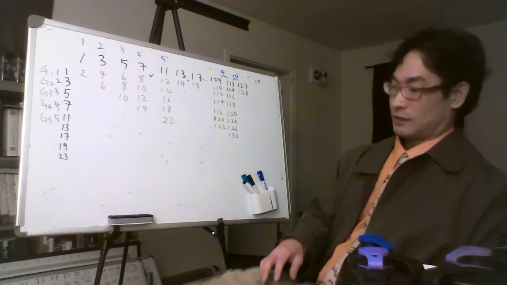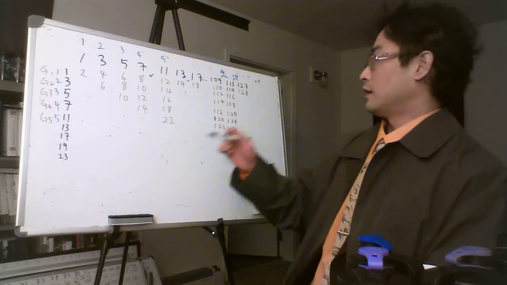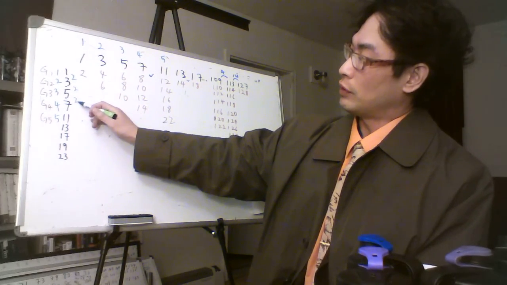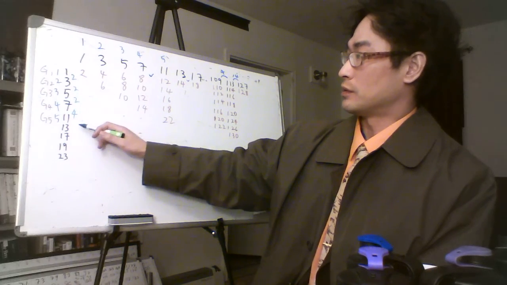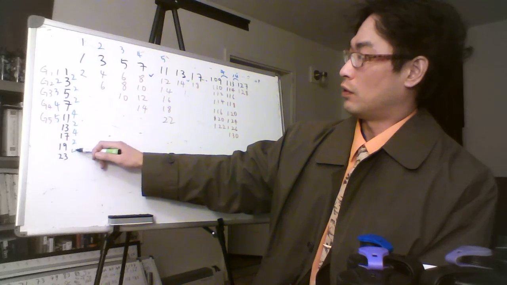I need green for prime gap. The gap between primes: 2, 2, 2, and then 4. It suddenly jumps, right? Then 2, 4, 2, 4.